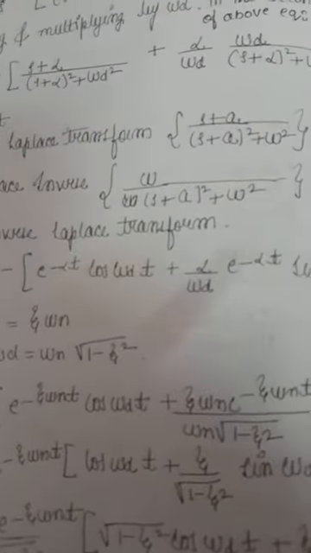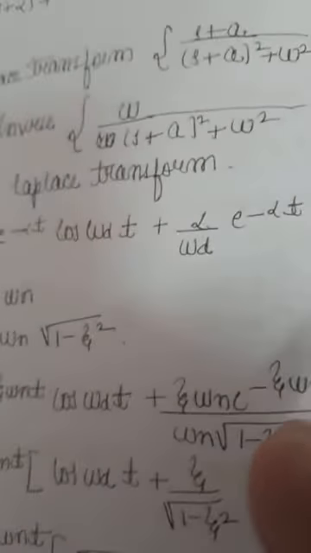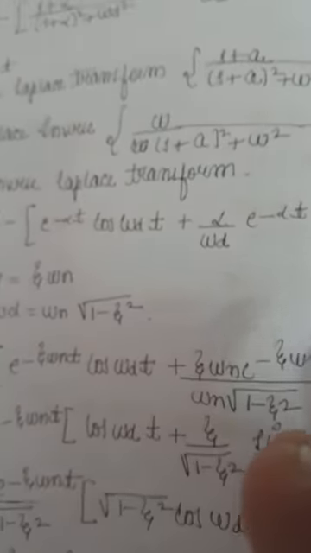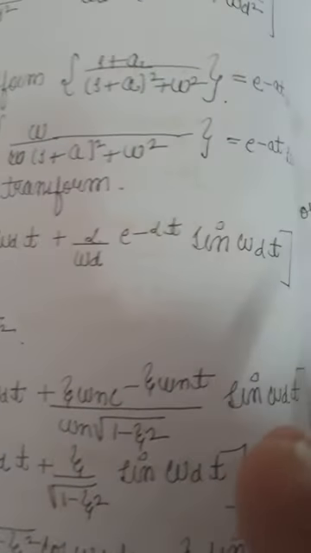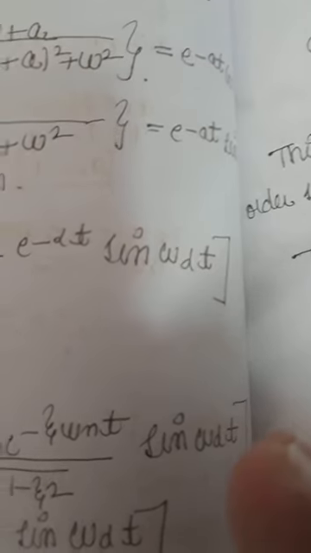We know that the inverse Laplace transform of (s + a) divided by ((s + a)² + ω²) can be written as e^(−at) cos ωt, and the inverse Laplace transform of ω divided by ((s + a)² + ω²) can be written as e^(−at) sin ωt, remember.